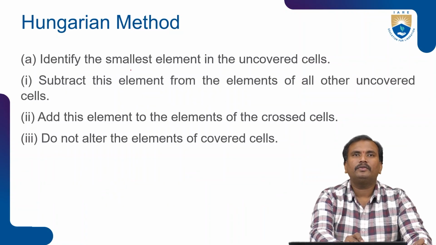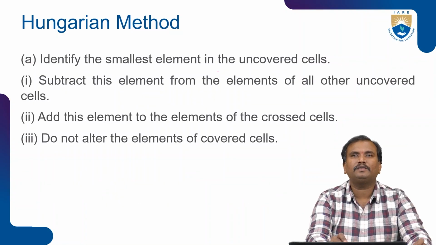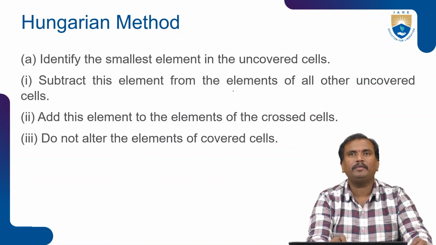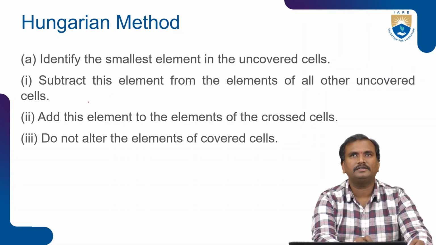First, identify the smallest element in the uncovered cells and subtract this element from the elements of all other uncovered cells.